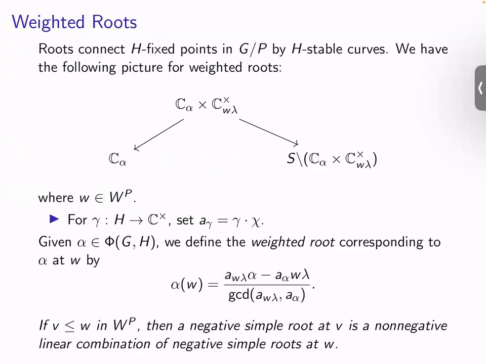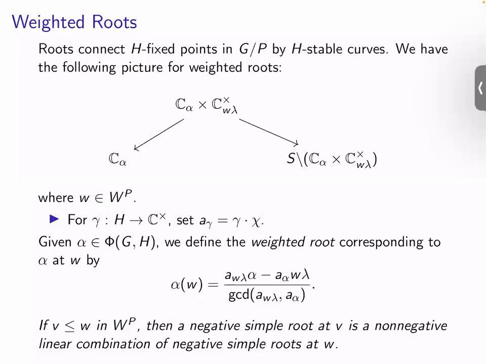Okay, so here's weighted roots. You can think about a root in a flag variety, so do the same thing, pull it up in Z and quotient it out. So roots connect the H-fixed points in the flag variety by H-stable curves. So if you fix a T-fixed point, call it W, then the open affine around that will be a sum of root spaces, call it C_alpha.